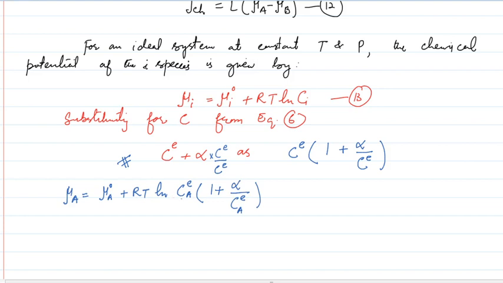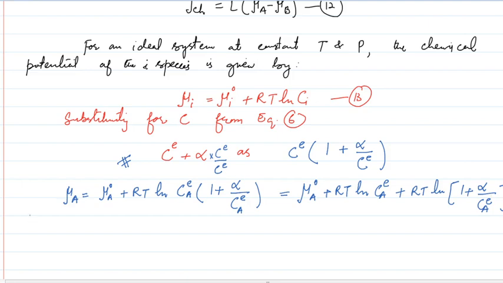So this is simply log m into n, so we can simply split this natural log, so we can write this as mu A naught plus RT ln of CA equilibrium plus RT ln of 1 plus alpha upon CA equilibrium. Okay, so this is equation 14.